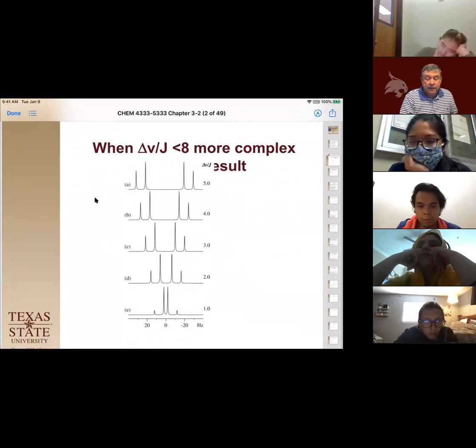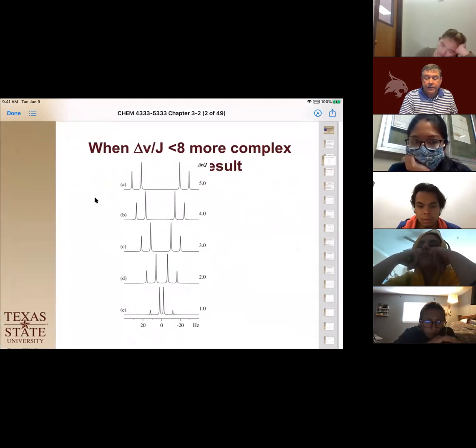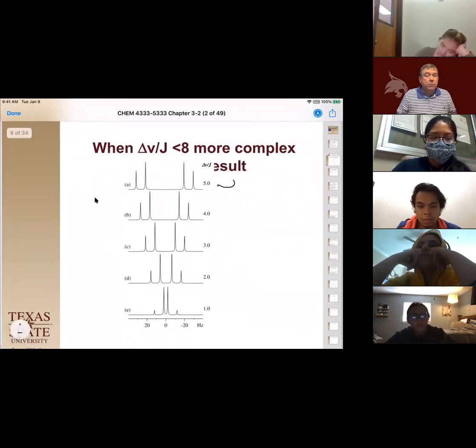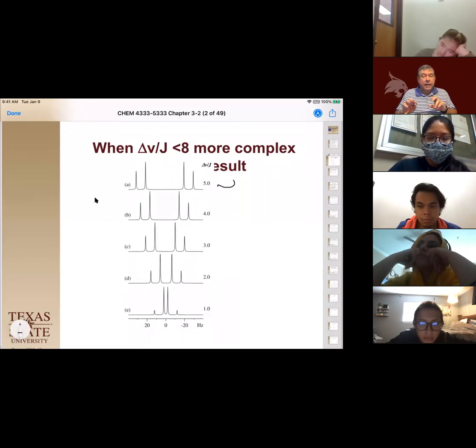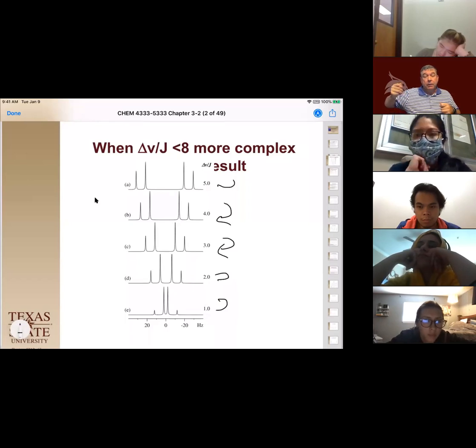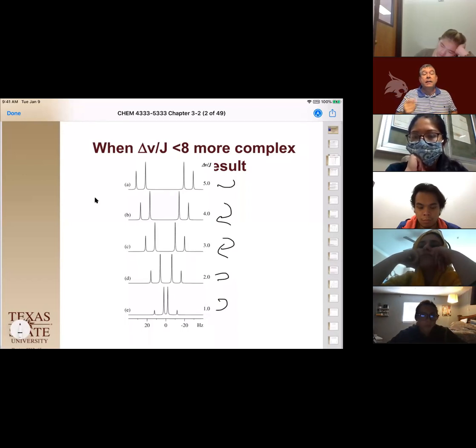So in the case where we've dropped from 8 to 5, they're starting to look more like the pattern we'd see for basically a single proton that's been split by 3 other protons. So it'd be a quartet. And then as that difference in frequency and coupling constant changes, for example, the coupling constant is getting bigger or the frequency difference is getting smaller, it starts looking like the same peak, okay?